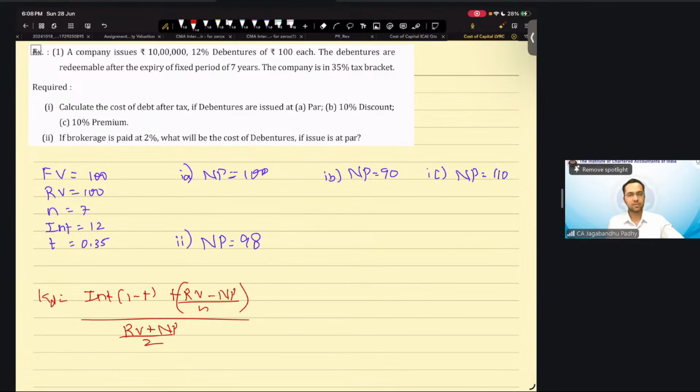Try to solve it, guys. Try to get the value of cost of debt.